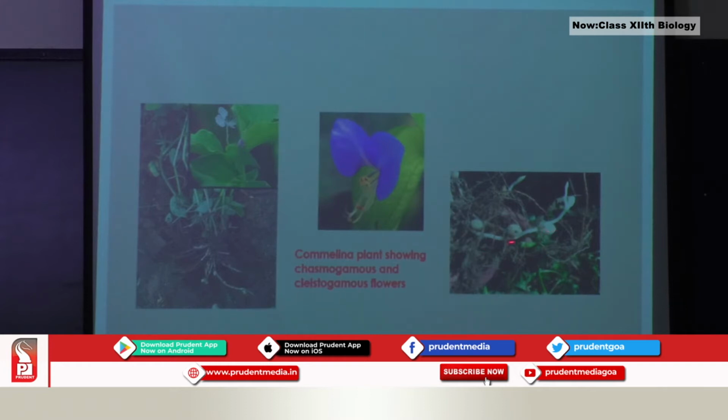The petals will not open to expose the anthers and the carpels. So here, it is definitely going to be autogamy or self-pollination. But the open flowers, though they are bisexual, can show self-pollination or they can also show cross-pollination. So the Commelina plant bears two types of flowers, open flowers called chasmogamous flowers and closed flowers known as cleistogamous flowers.